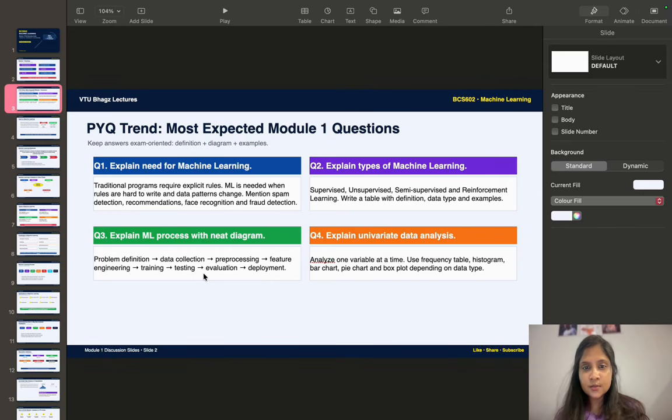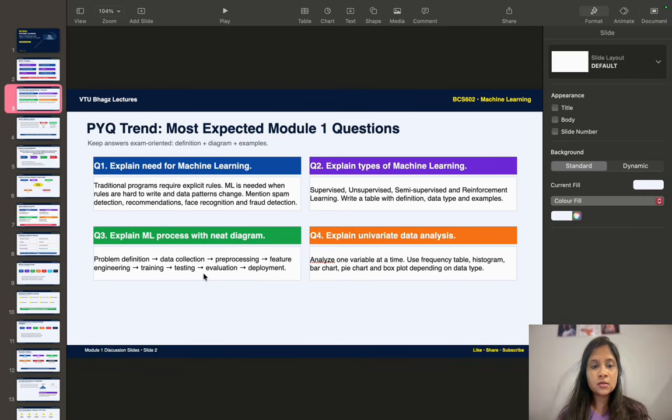Next is explain the types of machine learning: supervised, unsupervised, semi-supervised, and reinforcement learning. Write a table with definition, data type, and examples. And fourth is explain univariate analysis.